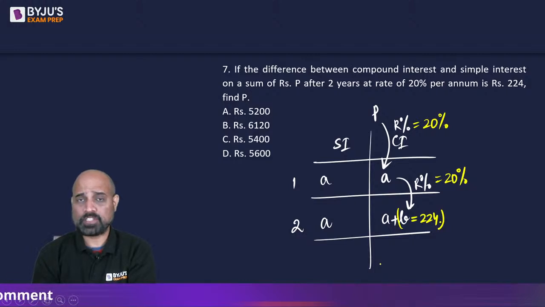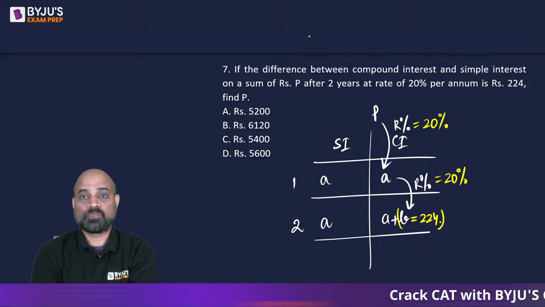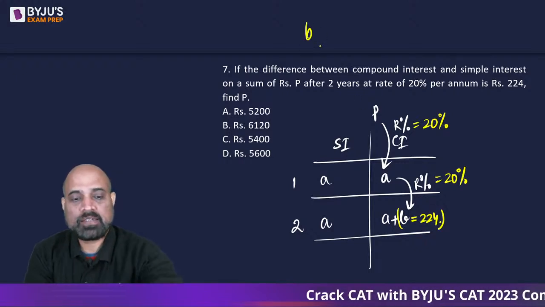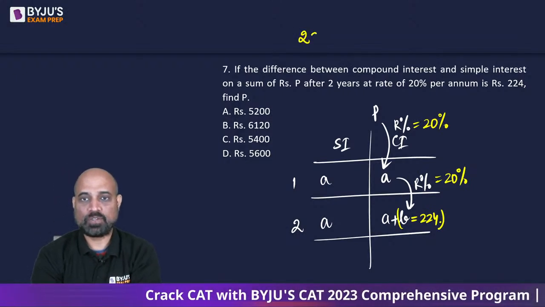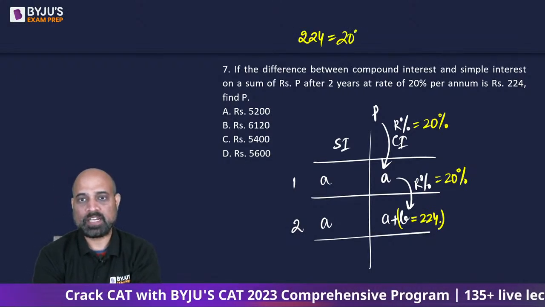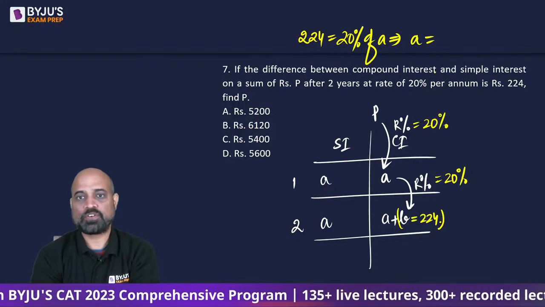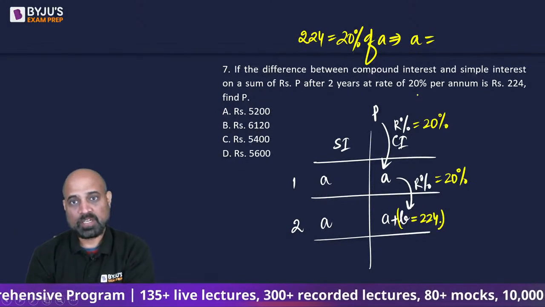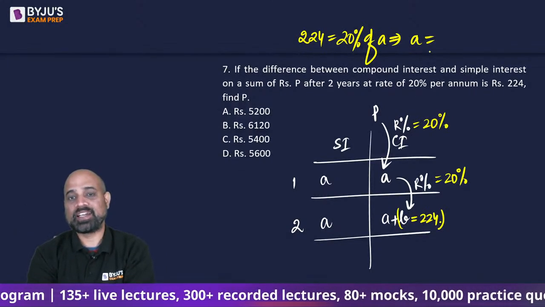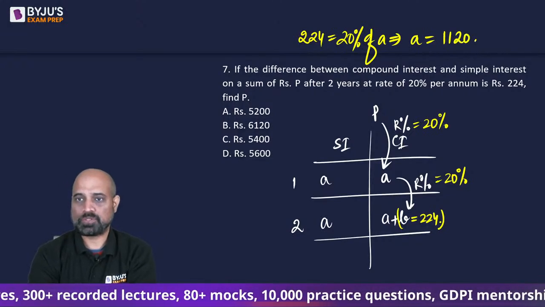That will be the difference if you subtract, if you take out the common things. So B is 224. So B is R percentage of A, so we can say that 224 is 20% of A. So this will give us the value of A, which is going to be 5 times 224. 10 times 224 is 2240, so 5 times is going to be 1120.